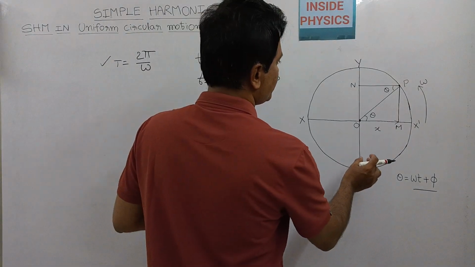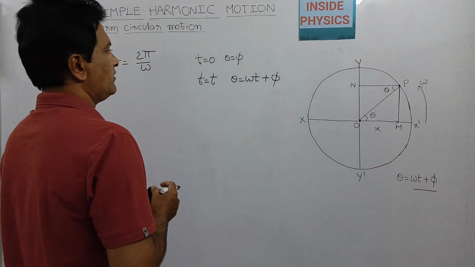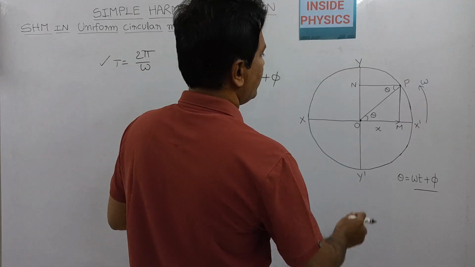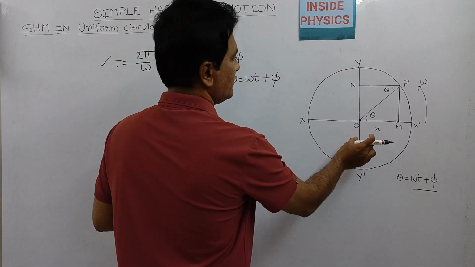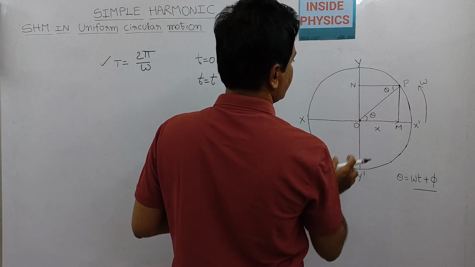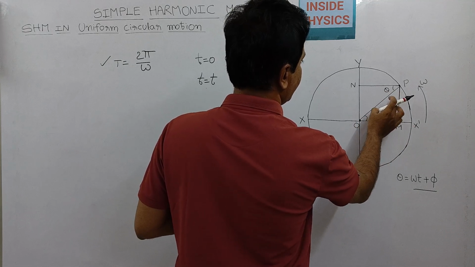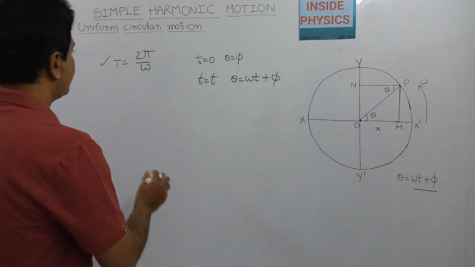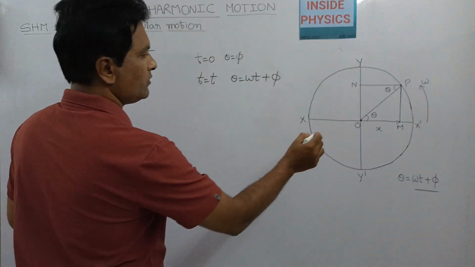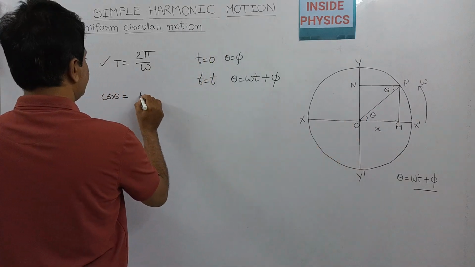Here, if you observe the angular displacement, what I have written is theta is equal to omega t plus phi. And what is cos theta here? If you observe, POM is the triangle, then cos theta is adjacent side by hypotenuse. So we can write cos theta is equal to OM by OP.